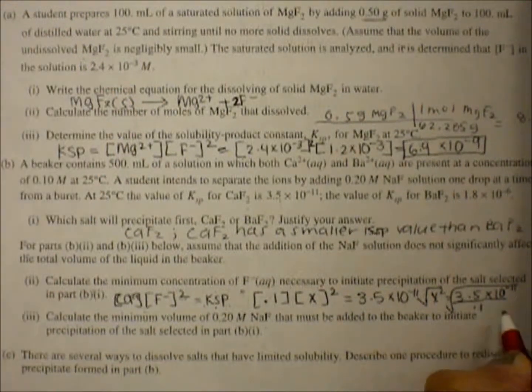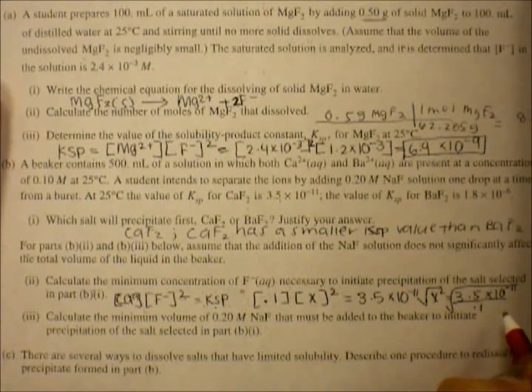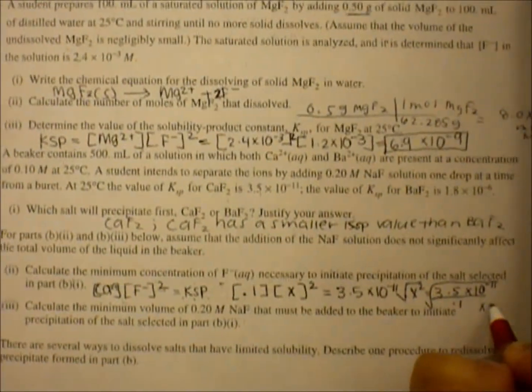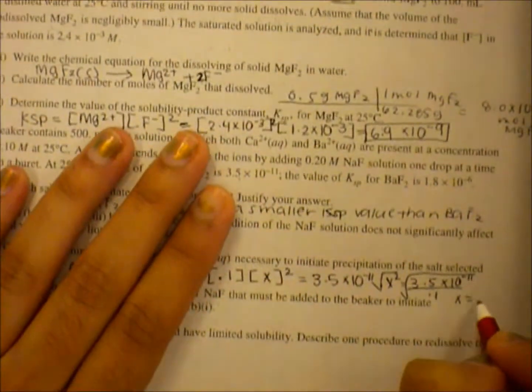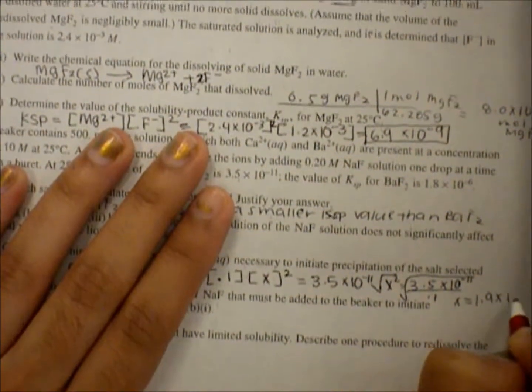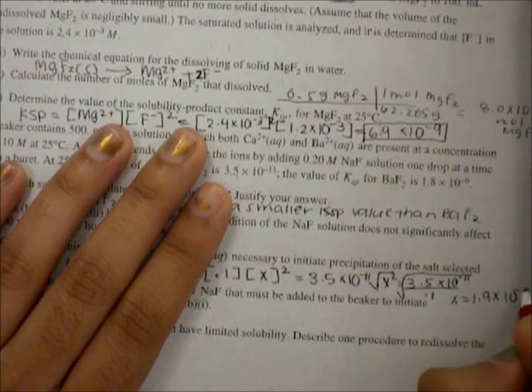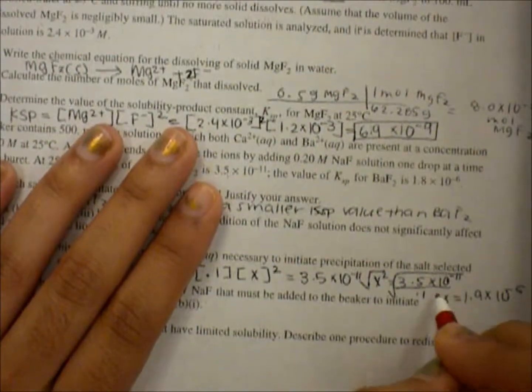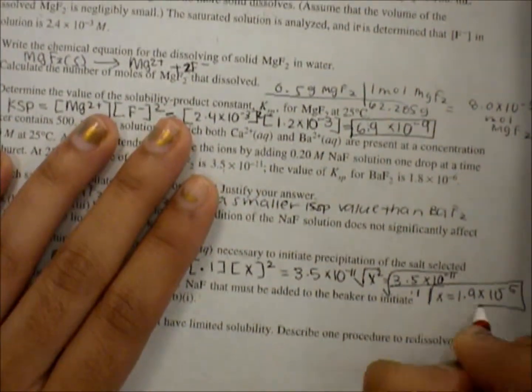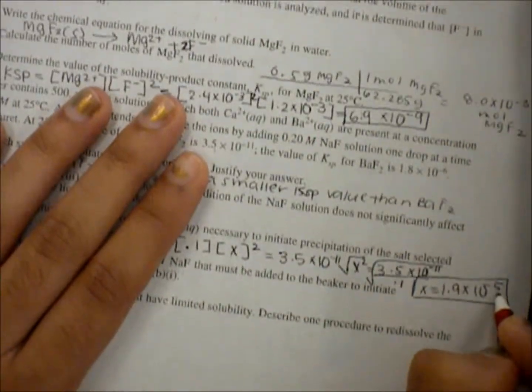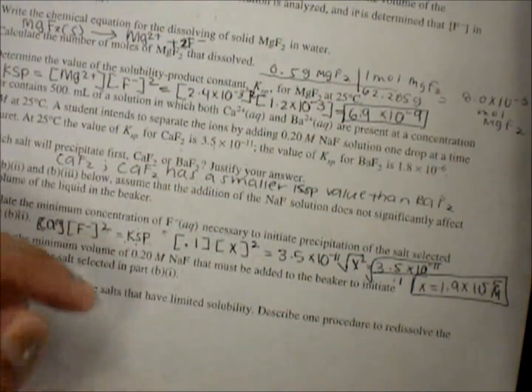X should equal 1.9 times 10 to the negative 5th molar concentration.